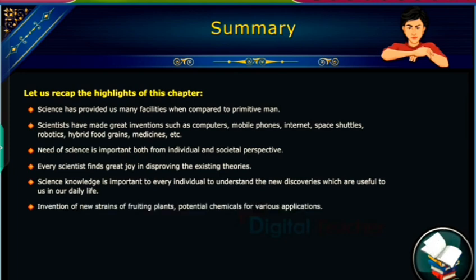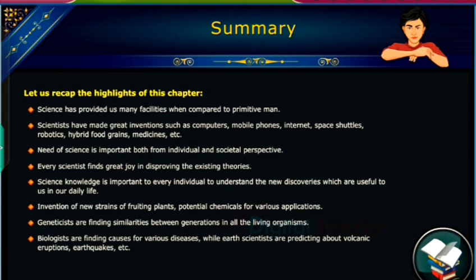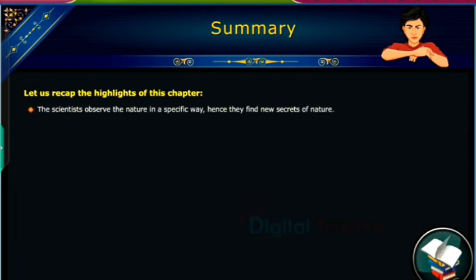Invention of new strains of fruiting plants, potential chemicals for various applications, geneticists are finding similarities between generations in all the living organisms, biologists are finding causes for various diseases, while earth scientists are predicting volcanic eruptions, earthquakes, etc. The scientists observe nature in a specific way, hence they find new secrets of nature.